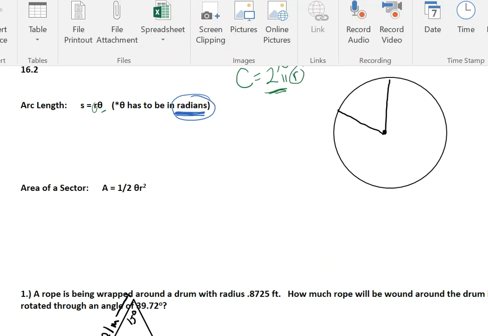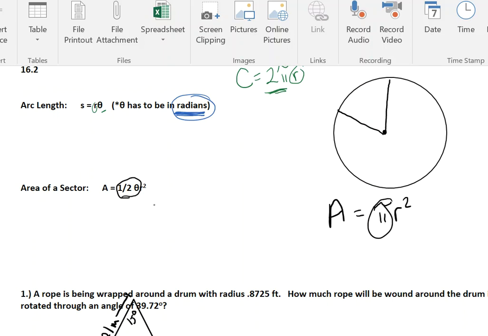Now, the next formula is the area of the sector, and you can see the formula listed right next to it. It says area equals half times theta times r squared. Very similar to what we talked about in the last one. It has to do with the area of the entire circle. Area equals pi r squared. Well, if you compare it, half theta versus pi, normally the entire circle is 2 pi.